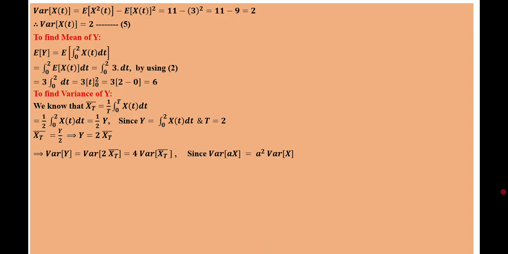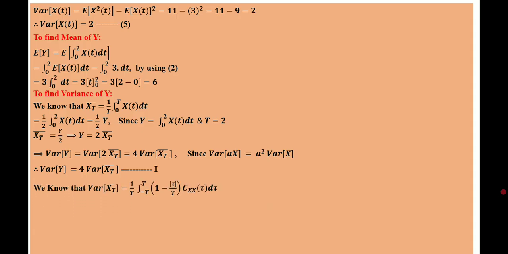Now variance of y is equal to variance of 2 x bar of t. Variance of a x is a square into variance of x. So same formula, 2 square, we will get 4 times variance of x bar of t.